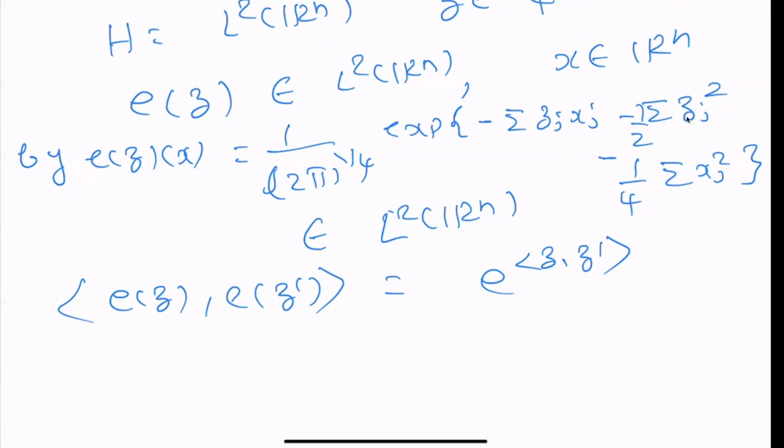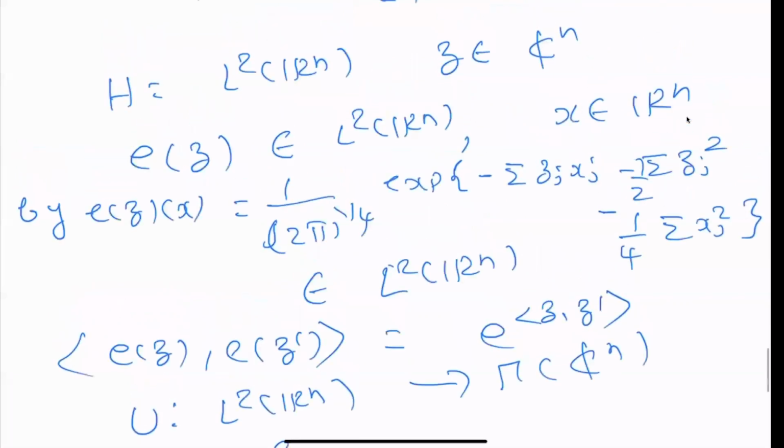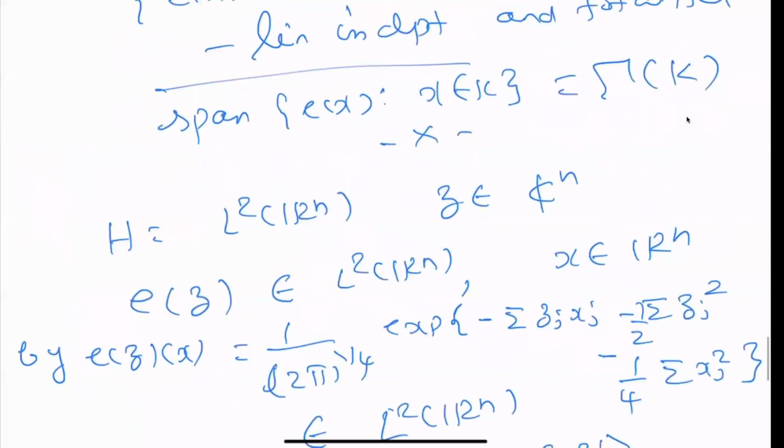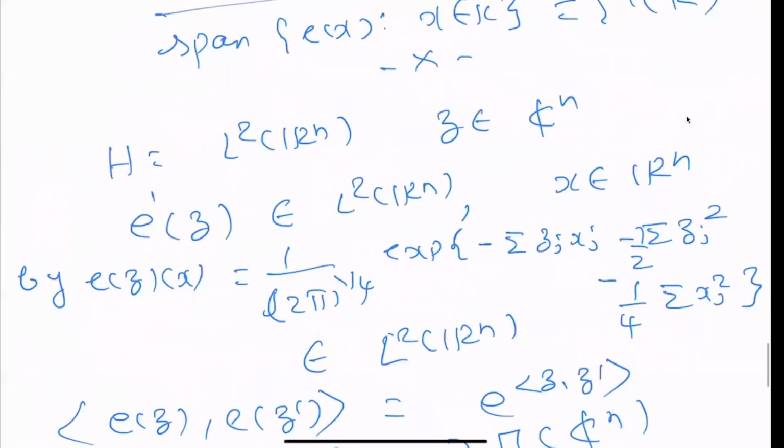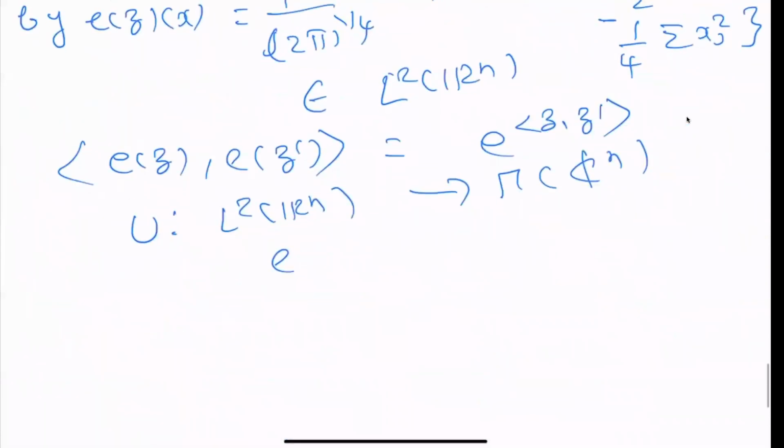So this will imply that there exists a unitary operator from L2 of Rn to gamma of Cn, which takes this E of Z, maybe you call it E prime Z, or no, let us call it E of Z. This function E of Z takes to the other E of Z. We are going to identify L2 of Rn with gamma of Cn.